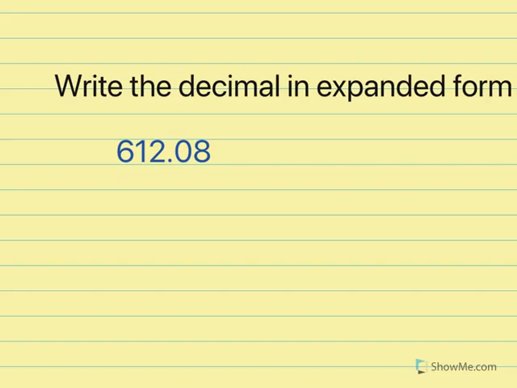Okay, let's look at this example. So first I'm going to read it: 612 and 8 hundredths. So breaking it down by digit. So we have 600 plus, that 1 is in the tens place, so that's just 10.